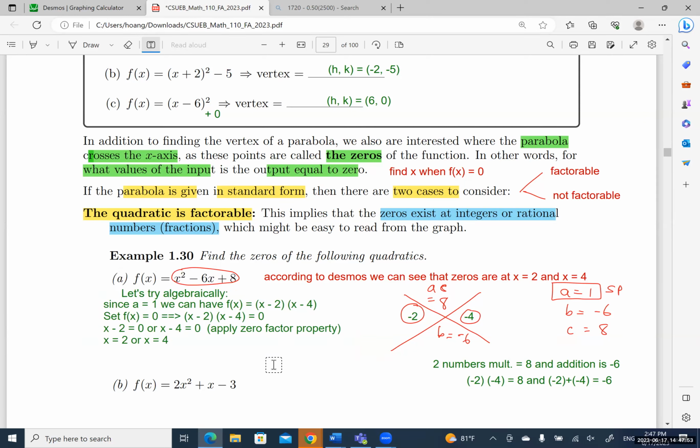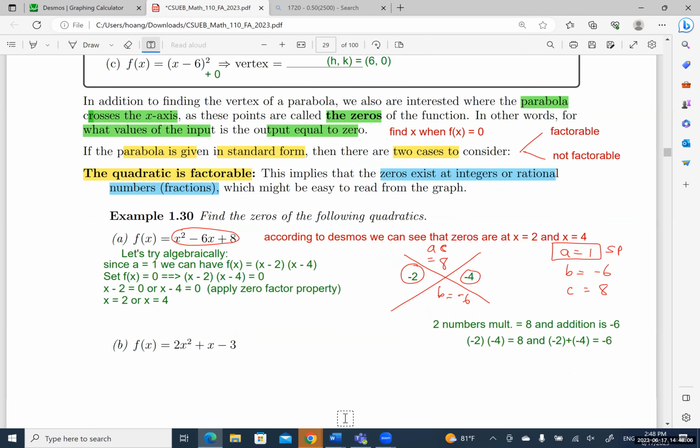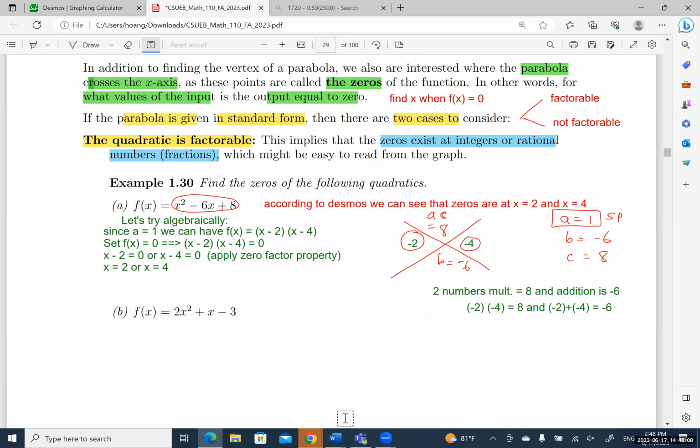All right, so that is exactly what I found from Desmos. The zeros are x equal to 2 and x equal to 4. Okay, so now we're gonna do the same with part B in here. However, part B is different because a is 2. But before doing that, let's try the Desmos mode first. Okay, so let's get into this mode.